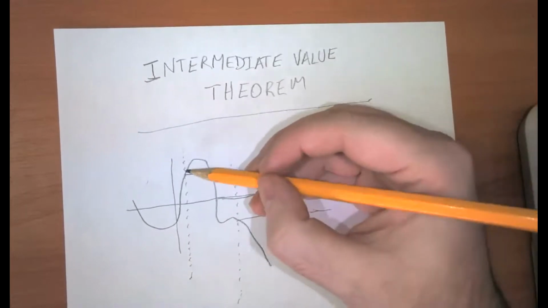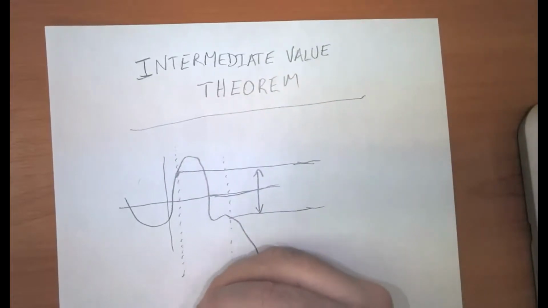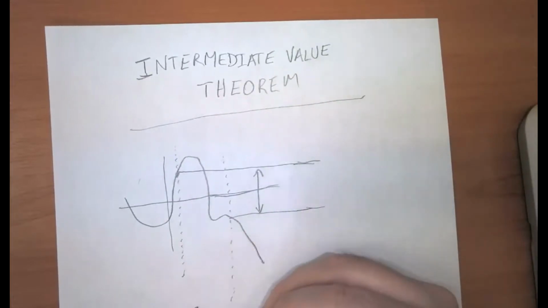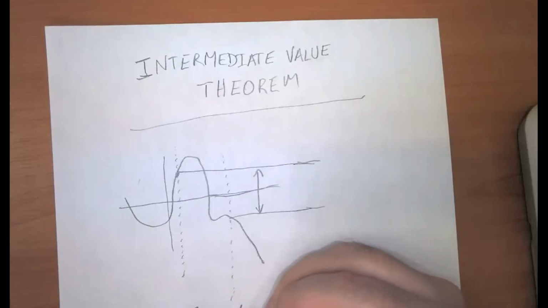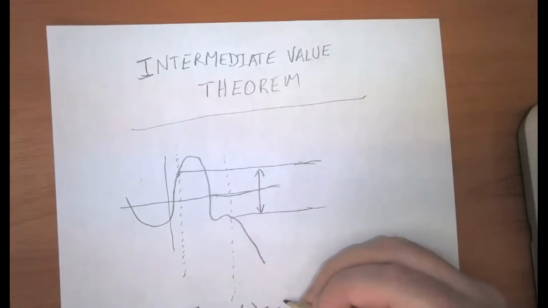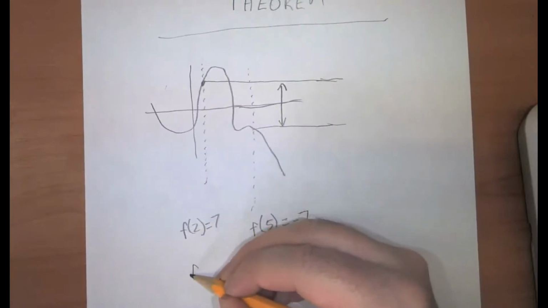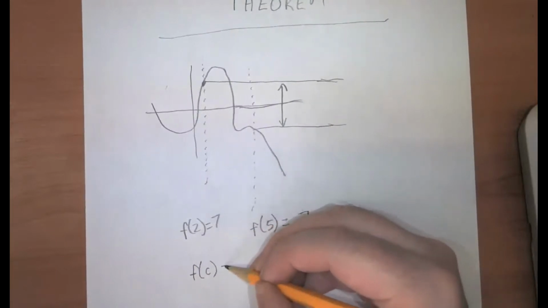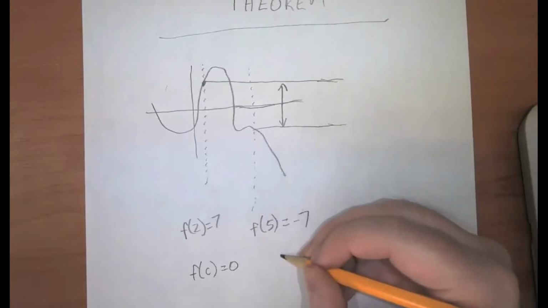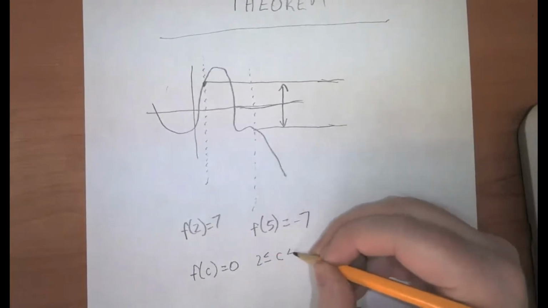Okay, let me give you an example. So let's say that f of 2 is equal to 7, and I'm going to say that f of 5 is equal to, that's a negative number, so let's call that -7. All right, so is there some value of c such that f of c is equal to 0, where c is between 2 and 5?